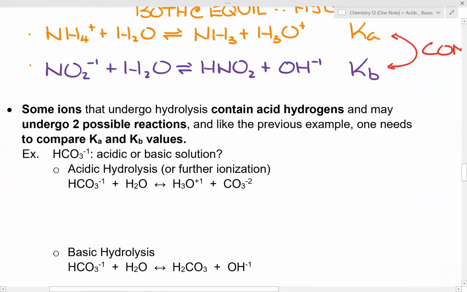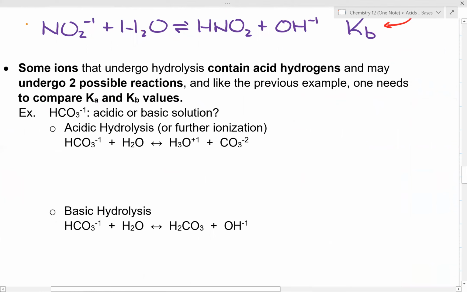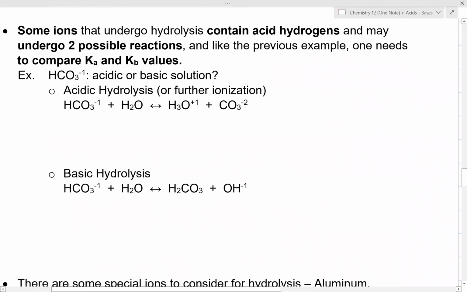Now, some ions that undergo hydrolysis contain acid hydrogens and may undergo two possible reactions. And like the previous example, one needs to compare Ka and Kb values. For example, HCO3 minus 1, is it an acidic or basic solution?